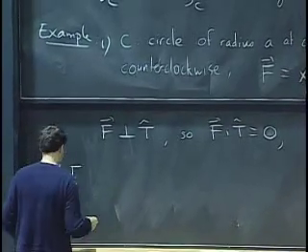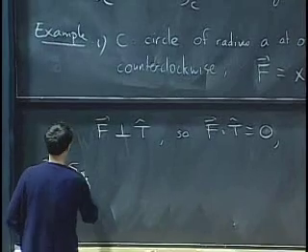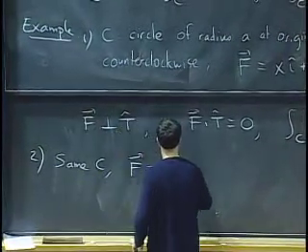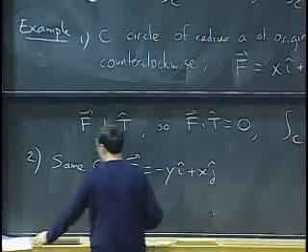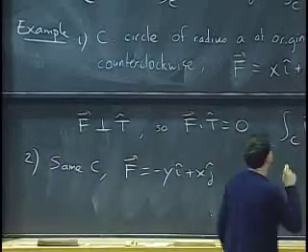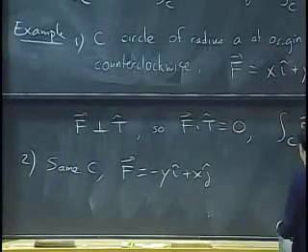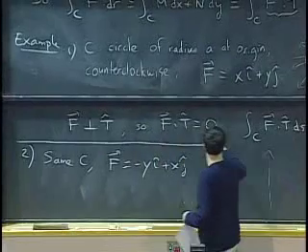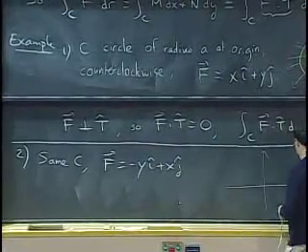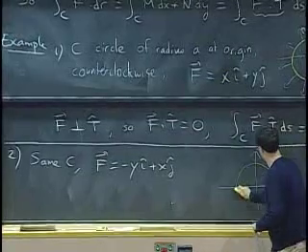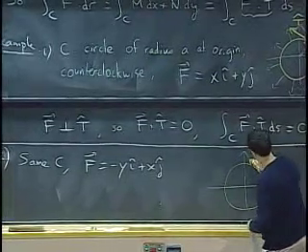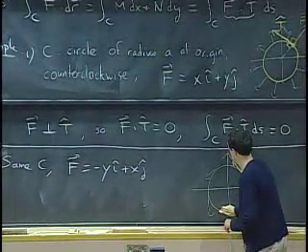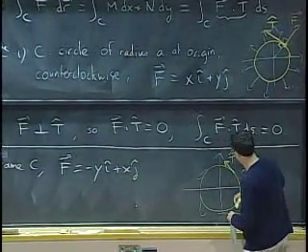Let's say now that I take the same curve C, but now my vector field is the one that rotates: negative yi plus xj. That means along my circle, the tangent vector goes like this, and my vector field is also going around.